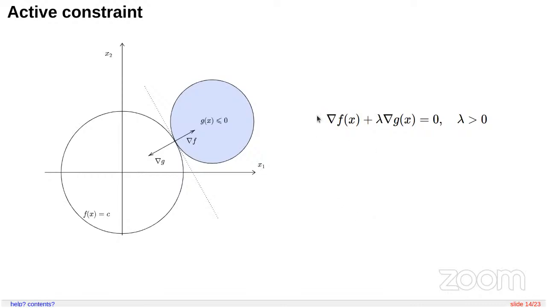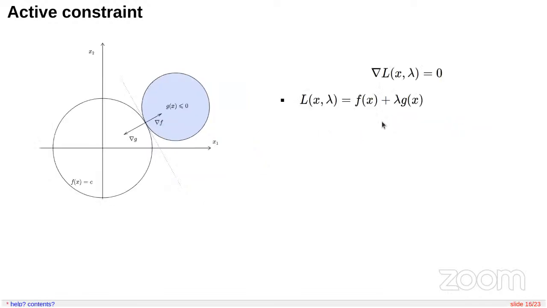Is this familiar to all of you? Yes. Okay, so this is the gradient of the Lagrangian. I'm just going to take the gradient outside. This f of x plus lambda g of x will be the Lagrangian. So this is a very brief motivation of how we get hold of this Lagrangian in the first place.